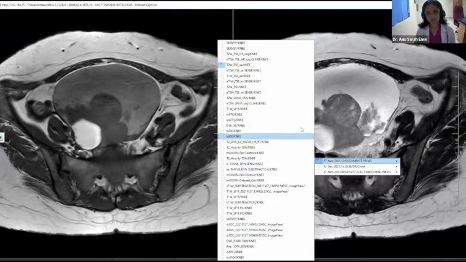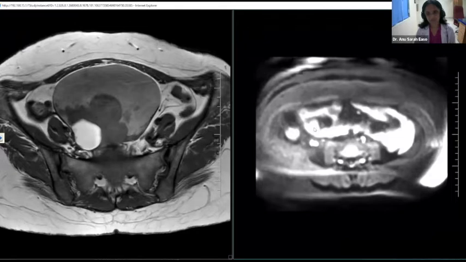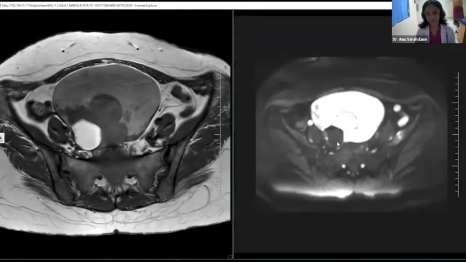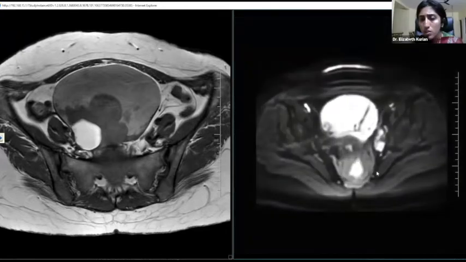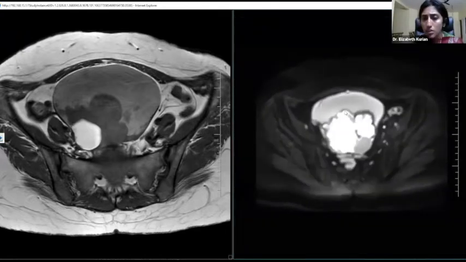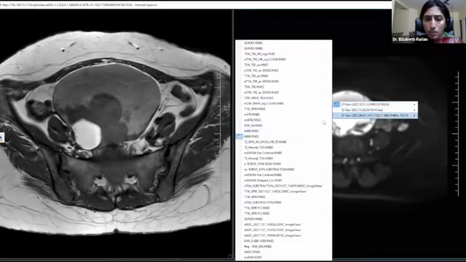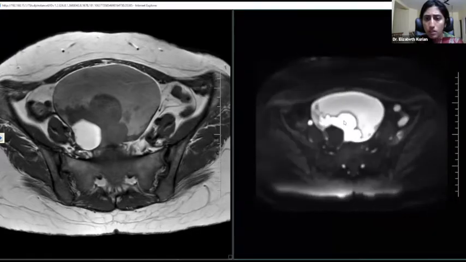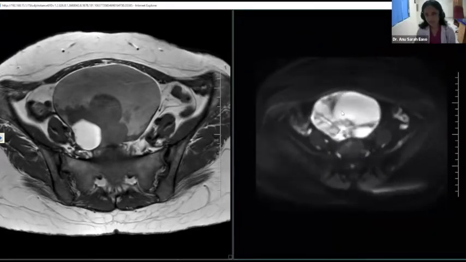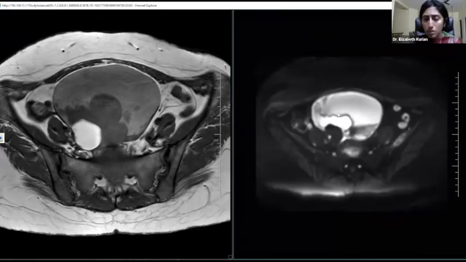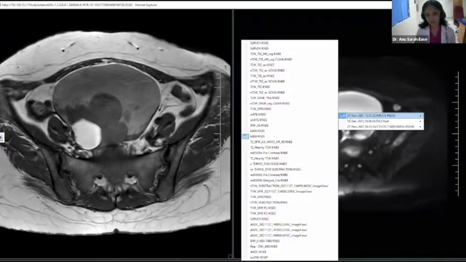I'll give you the diffusion weighted. There is no evidence of any diffusion restriction noted. So part of the lesion shows increased signal intensity on diffusion. Okay. Yes. So we'll go on to the dynamic images.